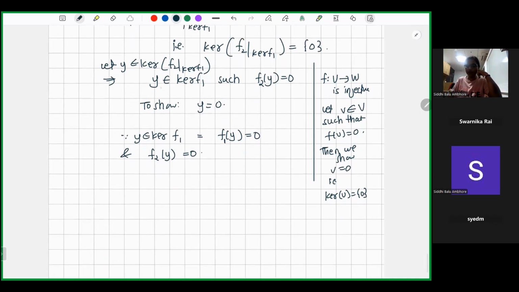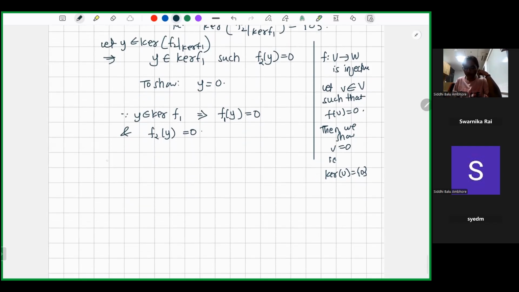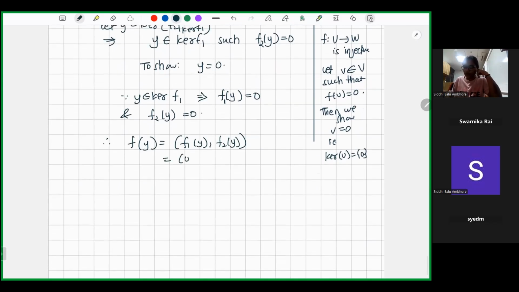But since Y is in kernel F1, F1 of Y is 0, and we anyway have F2 of Y is 0. So therefore, F of Y, that is F1 of Y comma F2 of Y, is 0 comma 0.